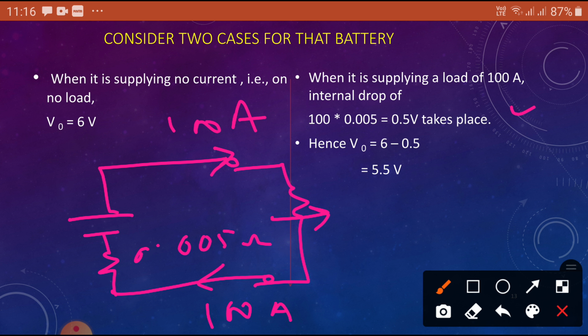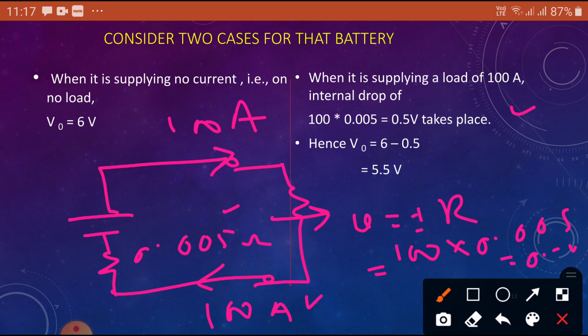Drop V is equal to I into R. I is 100 amperes and R is 0.005. Multiplying 100 into 0.005, we get 0.5 volts drop. That means the drop that takes place due to the internal resistance is 0.5 volts.